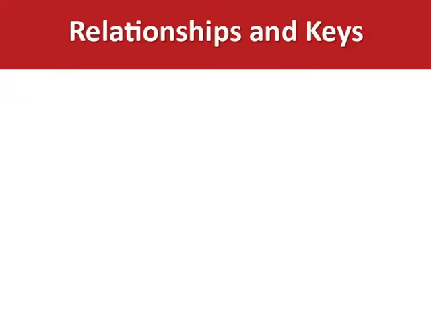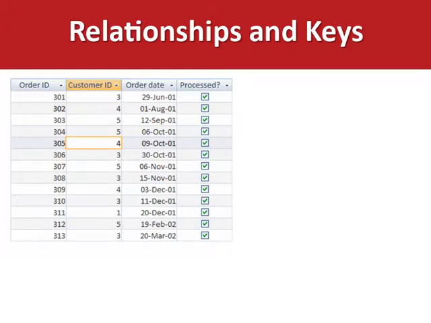Consider an alternative table design. Here we have an orders table. It stores information about orders. But rather than store the customer or the name of the customer, we simply store the customer's ID, a short little number, an integer.